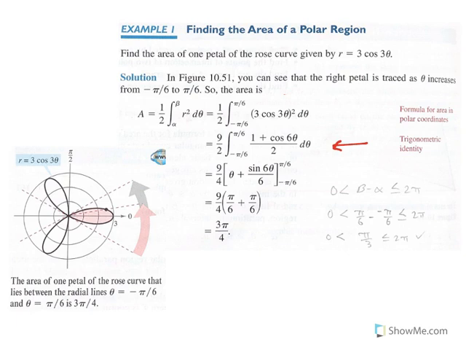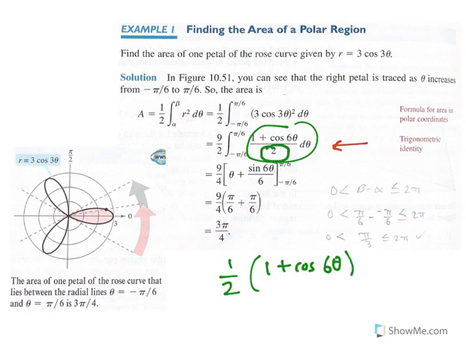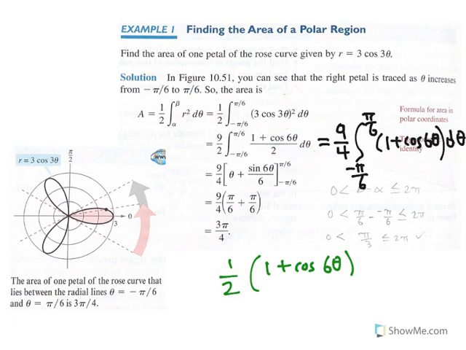The next step that you want to do is recognize that you have a factor of 2 in the denominator, which you can consider as 1/2 times 1 plus cosine of 6 theta. And you can factor out the 1/2, and when you do that, you will get the following.